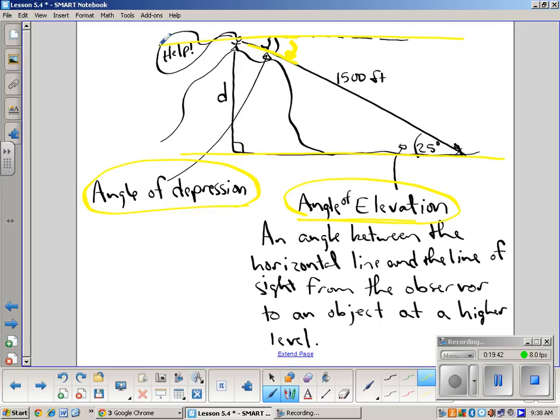An angle between the horizontal line and the line of sight from the observer to an object at a higher level is the angle of elevation. To an object at a lower level, it would be angle of depression. Looking down from the horizontal is depression, looking up from the horizontal is elevation.